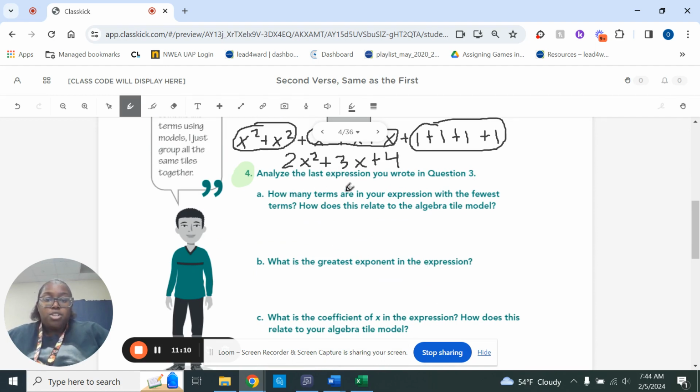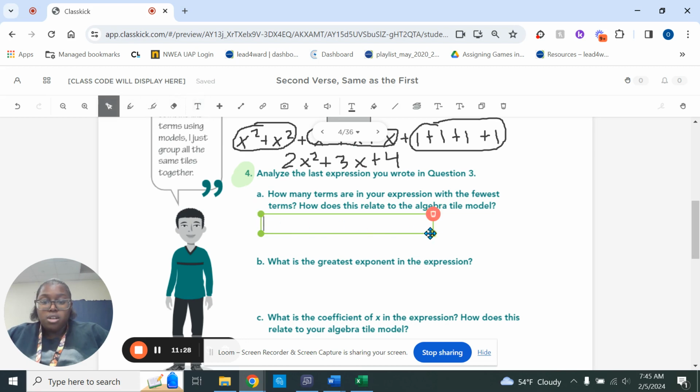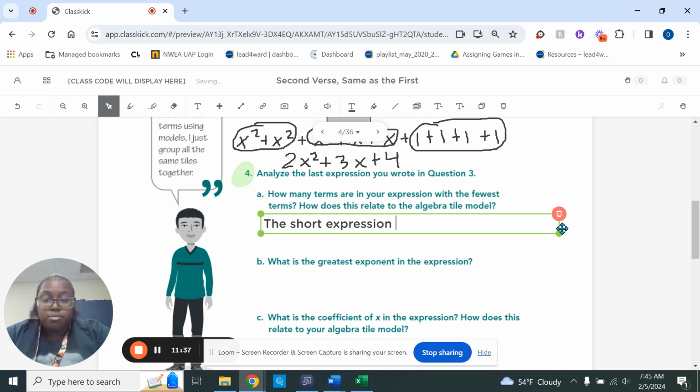Now it says, how many terms are in your expression with the fewest terms? Well, if you look, we only have 1, 2x squared, 3x, which makes 2, and then we have 4, which makes 3. So the short expression has 3 terms.